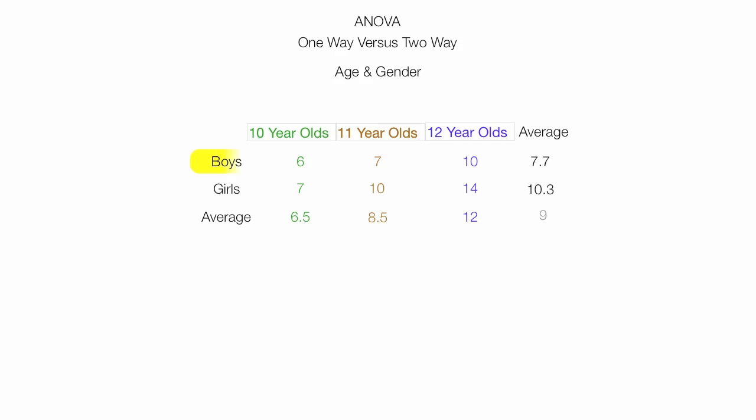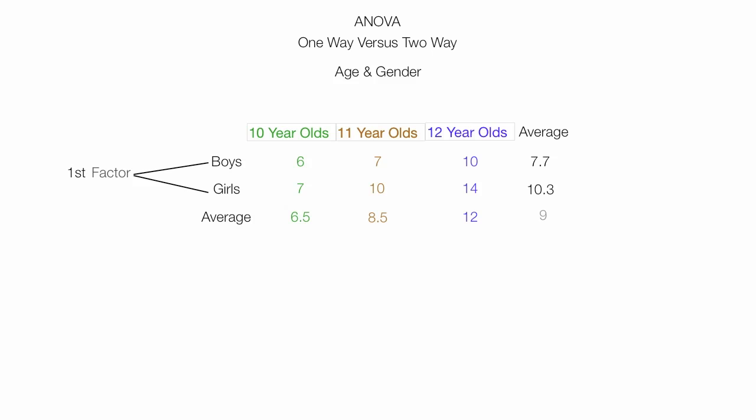In this table, I end up with averages for all the boys by age group and total, also averages for all the girls by age group and total. I have 10-year-old data broken down by gender and total average, 11-year-old data broken down, and 12-year-old data broken down. Having data organized in a table like this makes it easier to calculate degrees of freedom, to understand the factors, and also to make any of the other calculations I have to make.